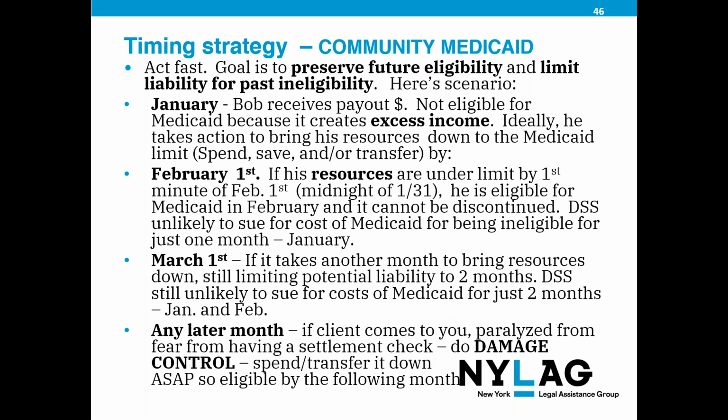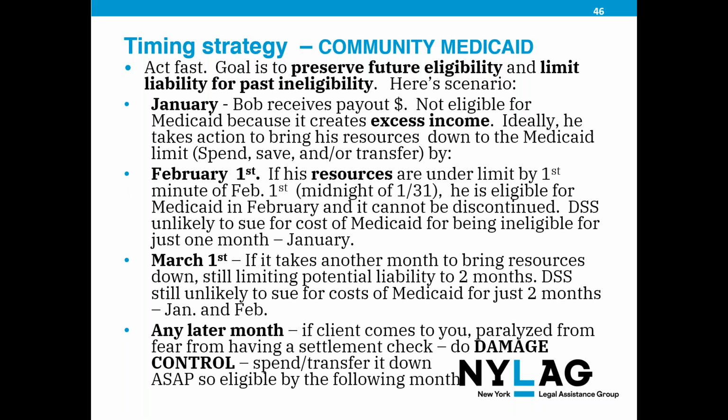So let's say Bob receives the payout in January, and as I said, he is not eligible in January for Medicaid, or the same would be true for SSI, but he doesn't have to report it in January. Ideally, he takes action in that same month to bring his resources down by the first of the next month.